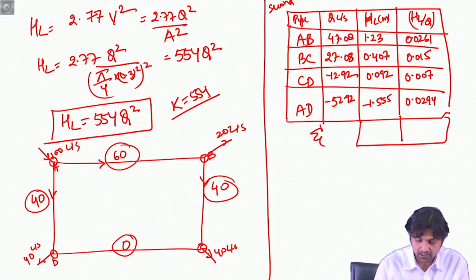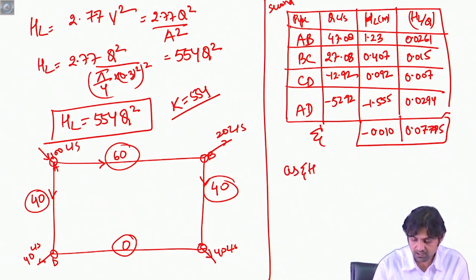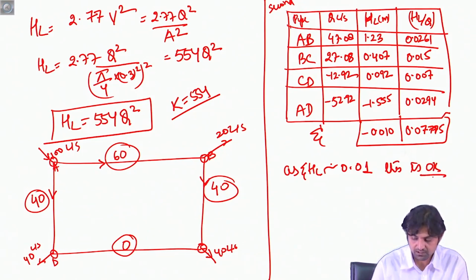And if you do this sum, this is going to be minus 0.010, and this is 0.07775. So, as sigma HL is approximately equal to 0.01, this is okay.